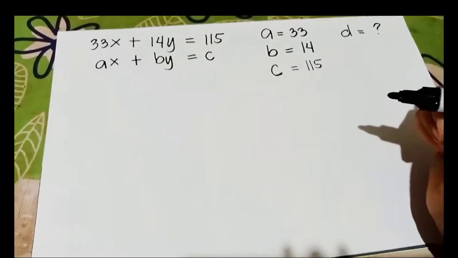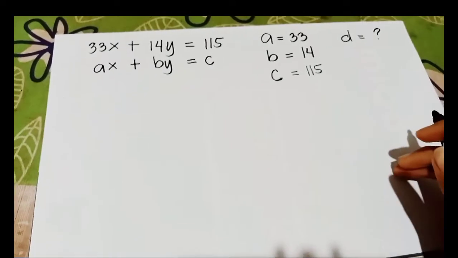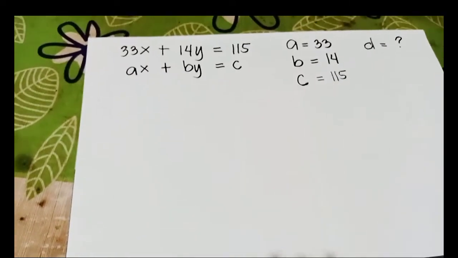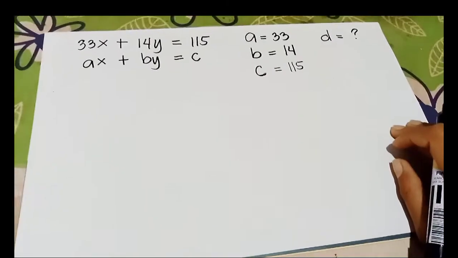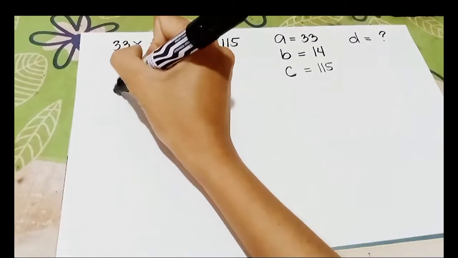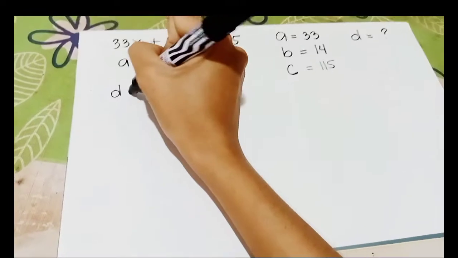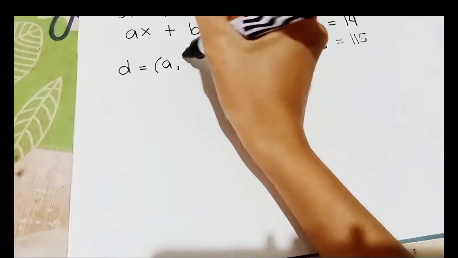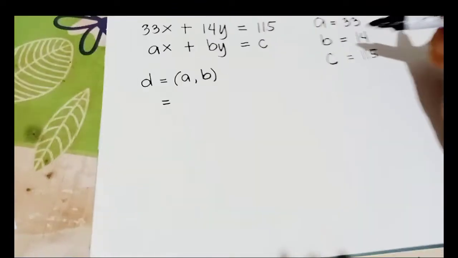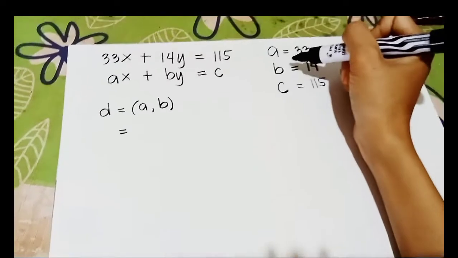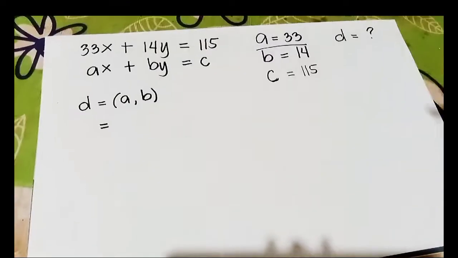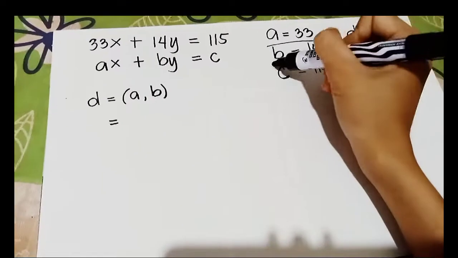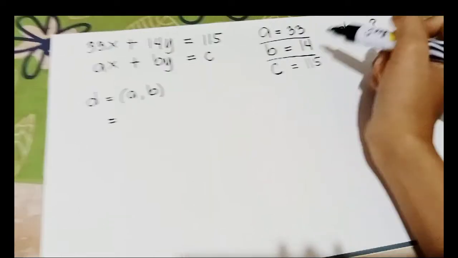Let's recall the topic of the Euclidean algorithm. From the theorem, we have d equals the GCD of a and b. The value of a is 33 and the value of b is 14.